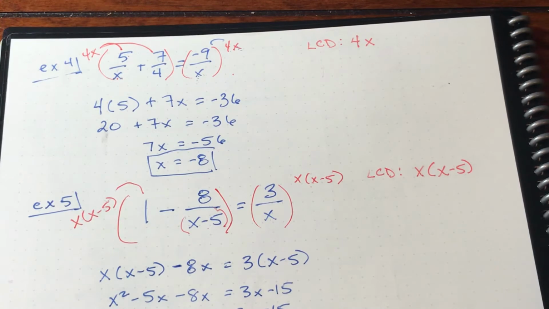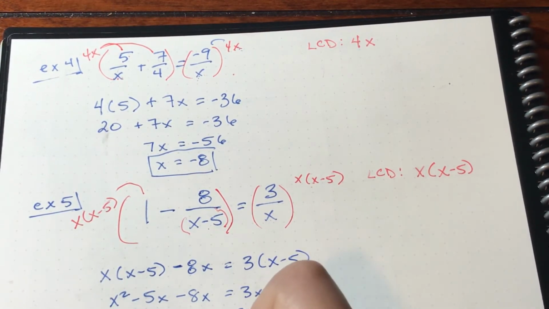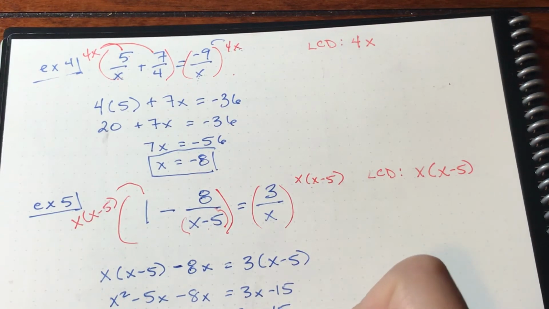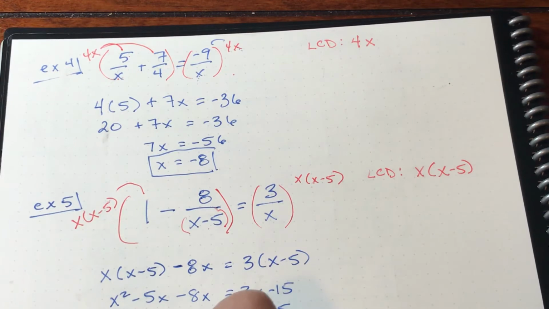And now I see I have a quadratic because this is squared, so I'm going to make this equal to 0. So I'm going to subtract 3x and I'm going to add 15 to both sides of the equation. So I get x squared minus 16x plus 15 equals 0.